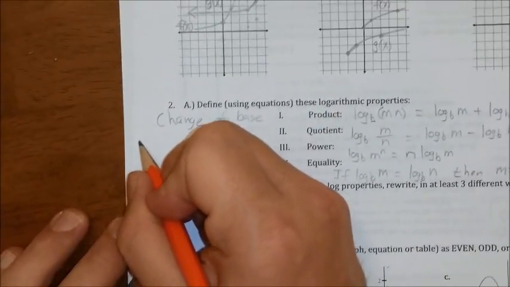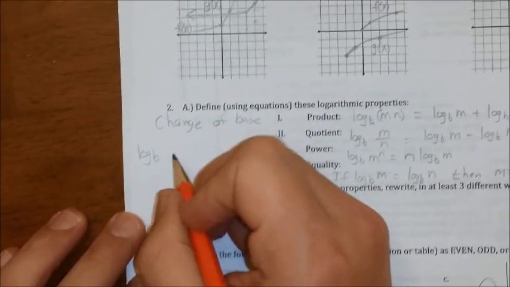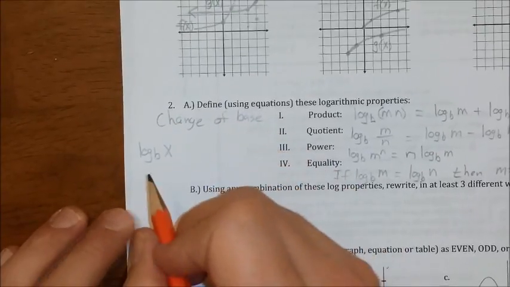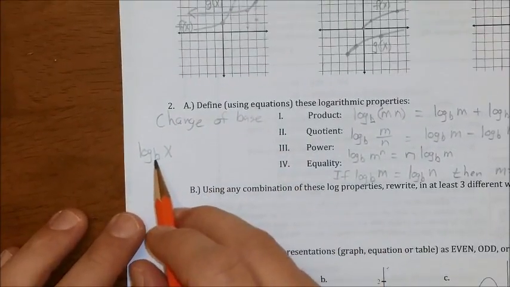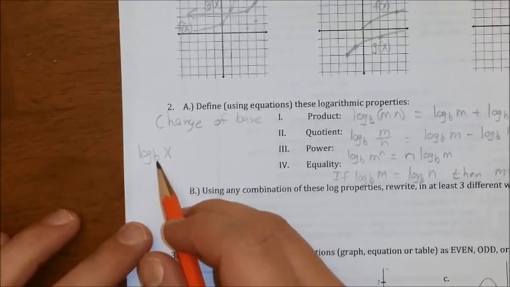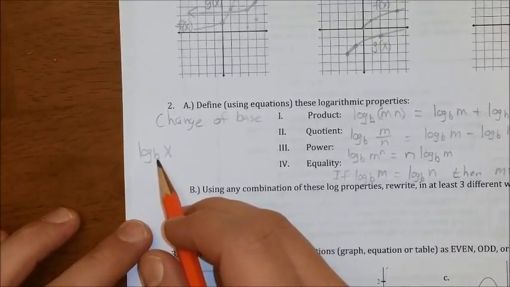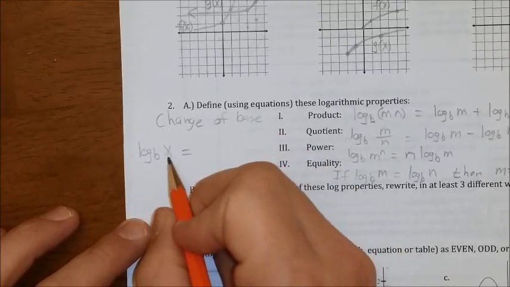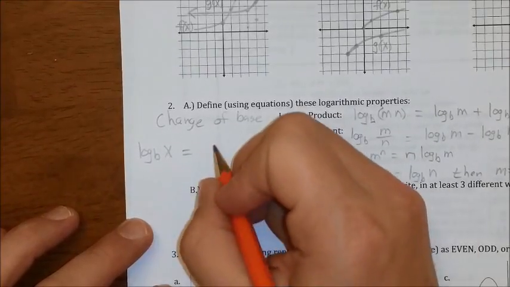So let's say you have log base b of x, and let's say this isn't a convenient base. Let's say it's anything other than 10 or e. You can change it to whatever base you want and just take the quotient of a couple of logs.